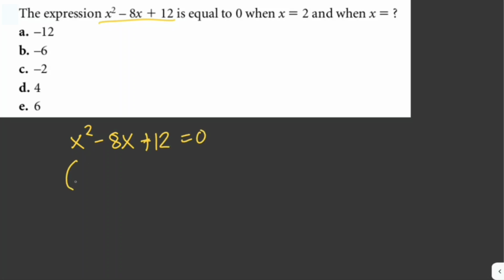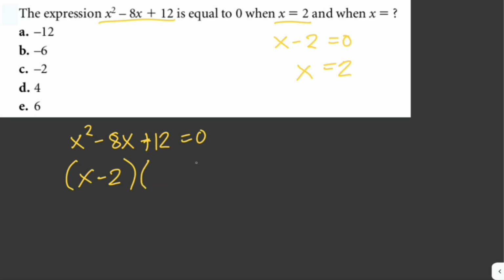Since we are given x equals 2, we can write this as x minus 2 equals 0. That's why we have x equals 2. So one of the factors is x minus 2.